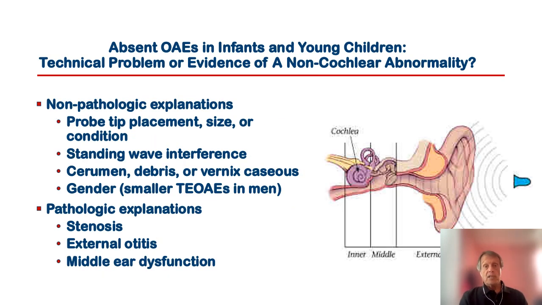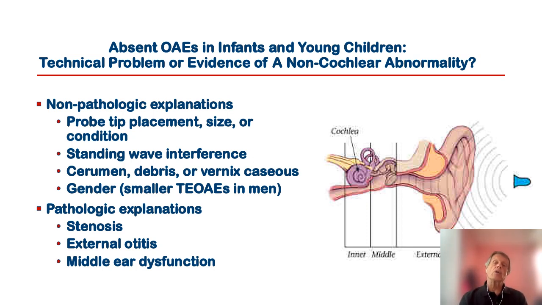Now, sometimes in infants and young children, there may be no otoacoustic emission, but not necessarily a cochlear deficit, because remember, the stimulus must go through the ear, down the ear canal to the eardrum, and the stimulus must work its way through the eardrum, through the middle ear to the cochlea.